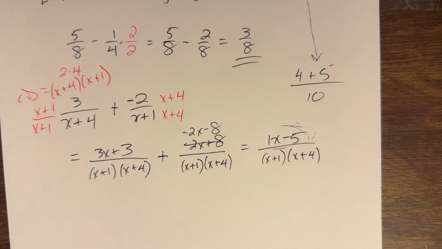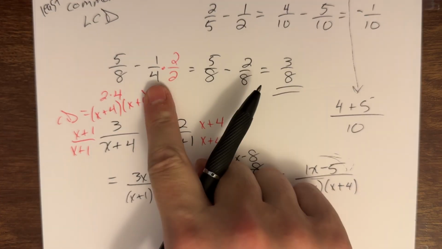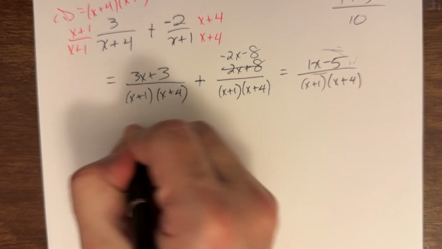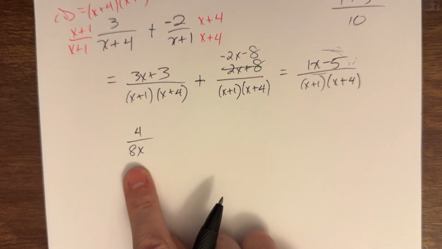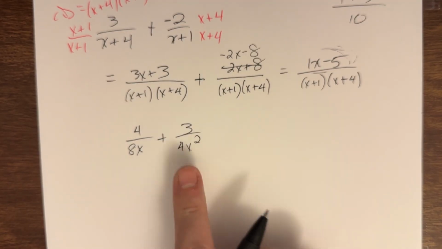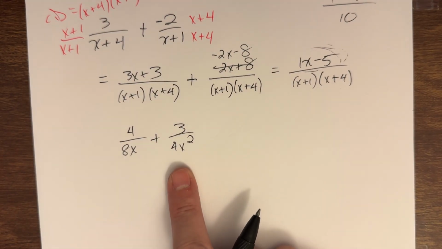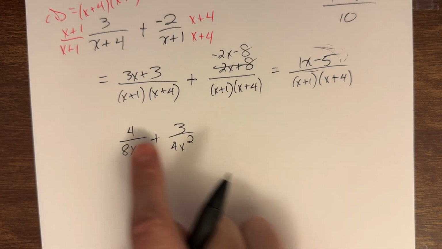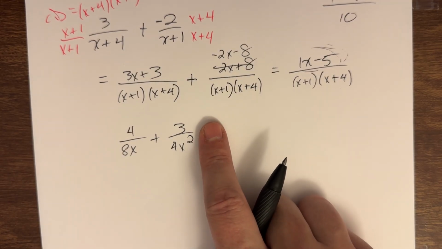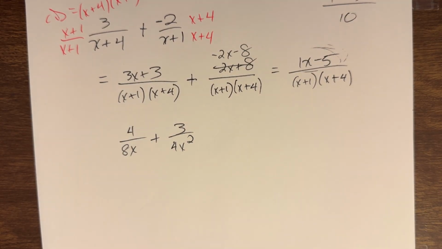So now let's jump to a second one that's a little more similar to this. If I had 4 over 8x plus 3 over 4x squared. And once again, if you take the wrong approach, you just go 4x squared here and an 8x here, and you end up with a gigantic mess, especially in this problem.